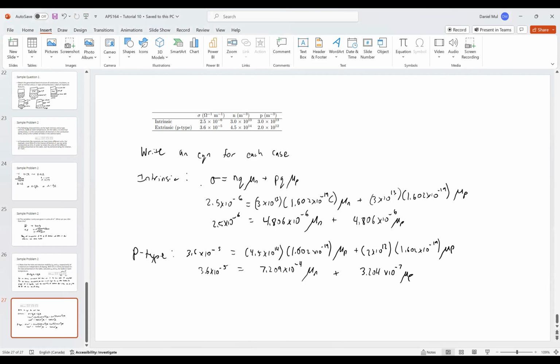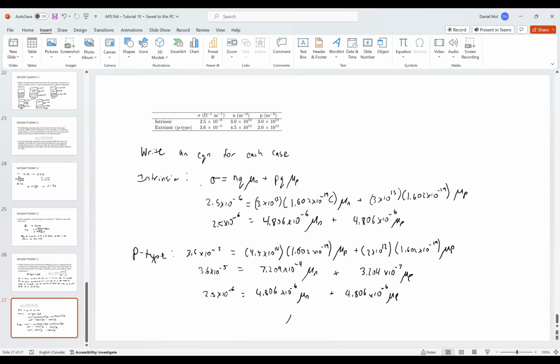Basically, you can just stack these two equations on top of each other. And so now you have two equations and you can solve for each one.